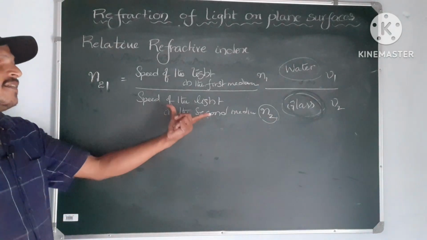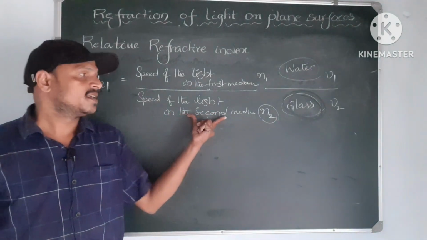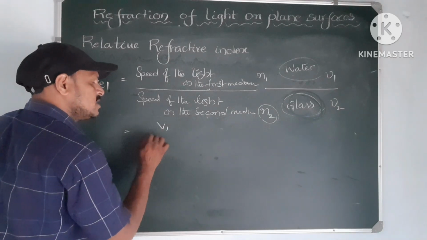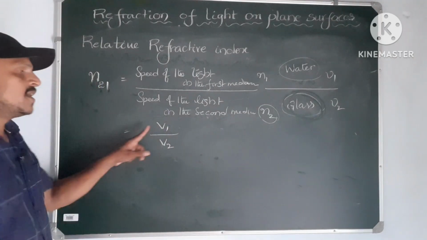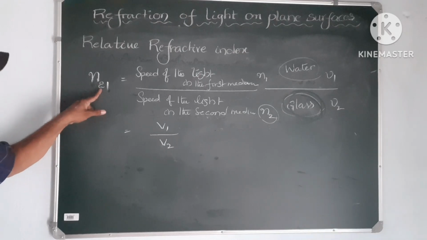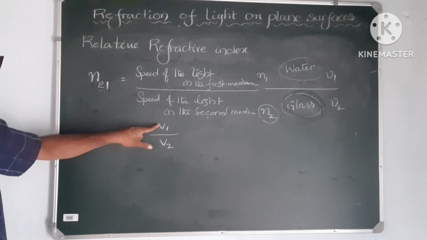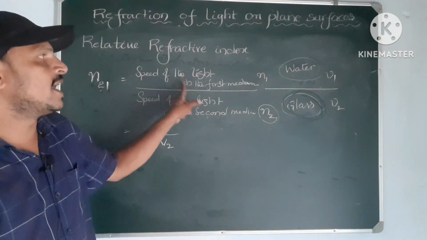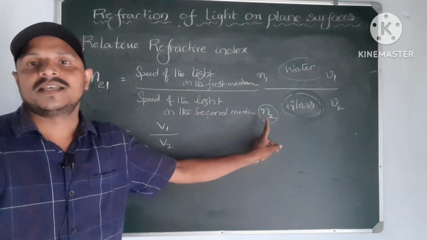So whose relative refractive index? The second medium's refractive index. So the speed of light in the first medium is V1, and the speed of light in the second medium is V2. So the relative refractive index of the second medium with respect to the first medium is V1 by V2. That is, the speed of light in first medium by the speed of light in second medium.